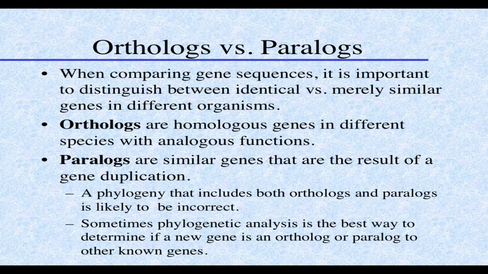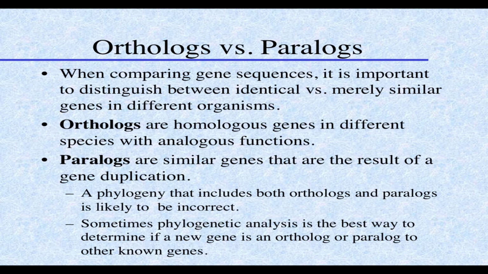Okay, now I define orthologs and paralogs. When comparing gene sequences, it's important to distinguish between identical versus merely similar genes in different genomes. Orthologs are homologous genes in different species with analogous functions and a single common ancestor.